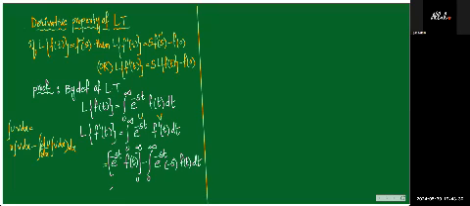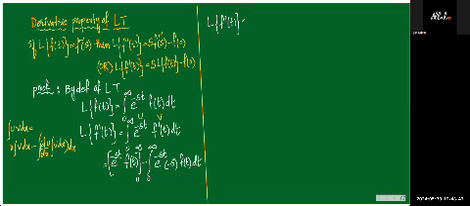Now apply the limits, upper limit minus lower limit. We are finding the Laplace of f dash of t value.